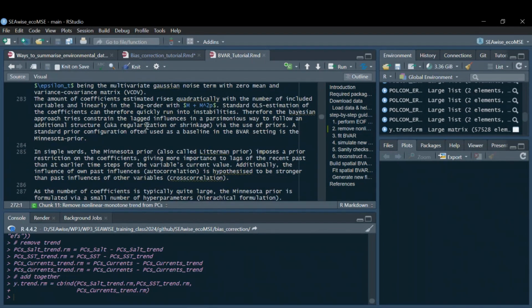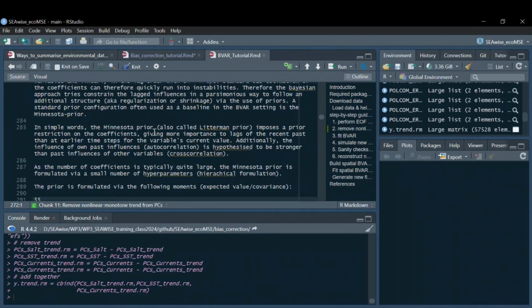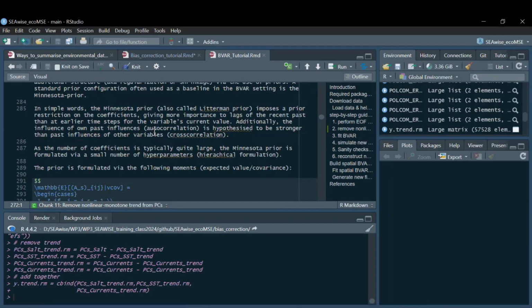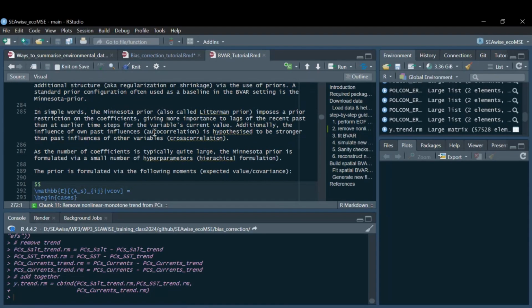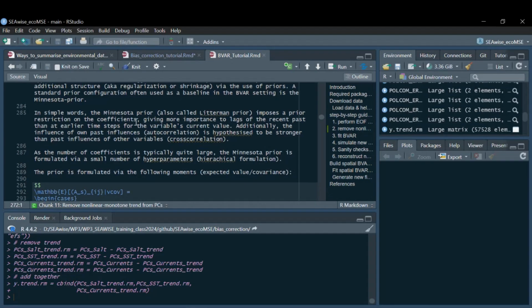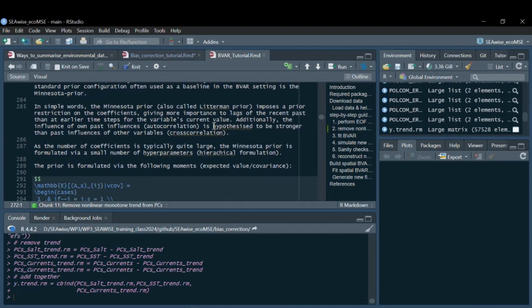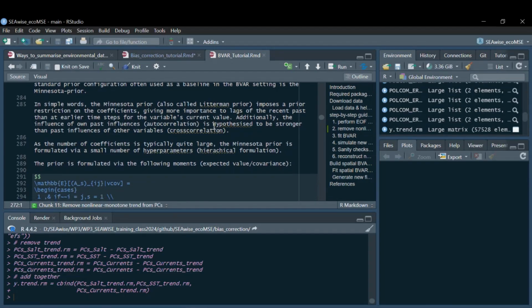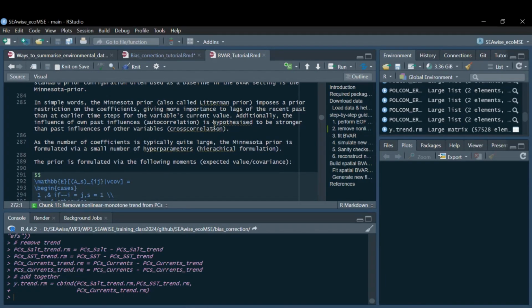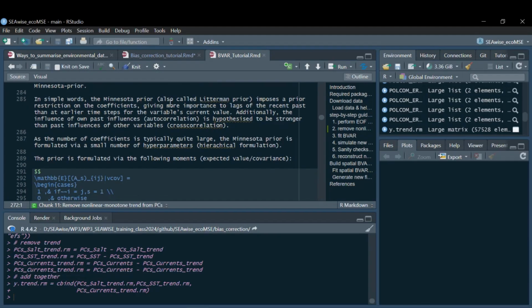And to really fit a stable model here, you define some priors. In the realm of BVARs, the easiest prior to use is the so-called Minnesota prior or Litterman prior, which imposes a restriction on the coefficients. It gives more importance to lags of the recent past than at earlier times for the variable's current value.